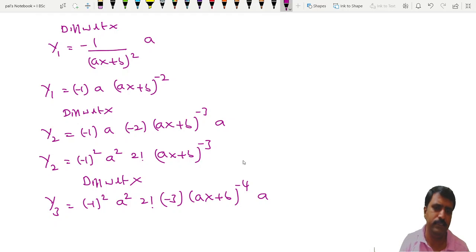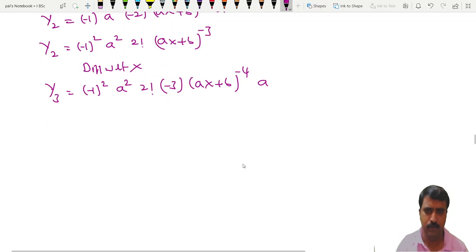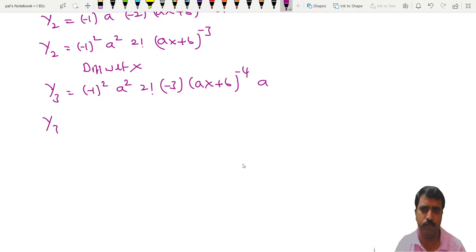So y3 is equal to minus 1 whole square, and taking the minus out of the minus 3, it is again minus 1. Minus 1 into minus 1 whole square is minus 1 whole cube. a square into a is a cube. So remaining is 2 factorial into 3. You can write 2 factorial into 3 as 3 factorial. 3 factorial into ax plus b to the power minus 4.